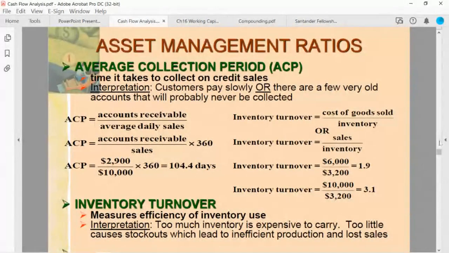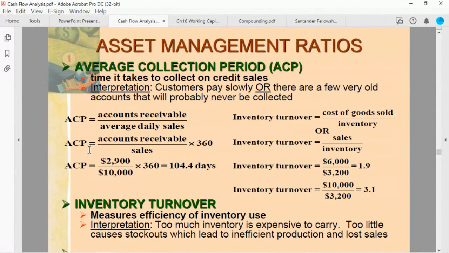Yeah, so we were talking about inventory turnover ratio. I'm going to come back to average collection period later, because average collection period can belong to both the asset management category as well as the liquidity ratio category.